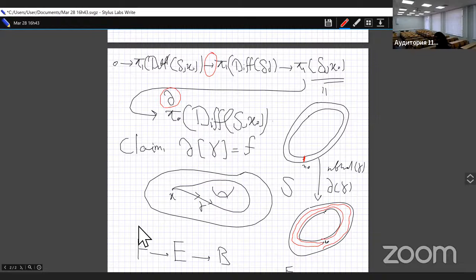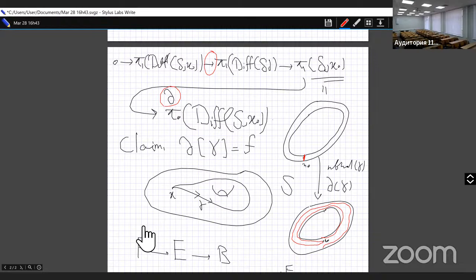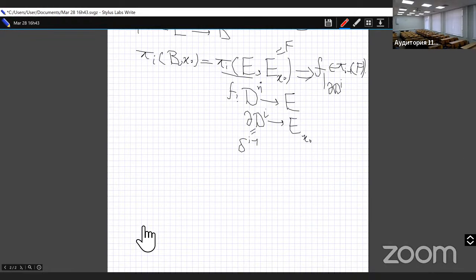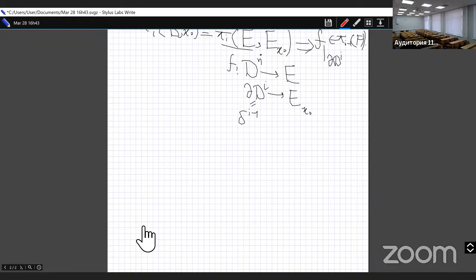So how to prove that the map is injective? To see that the map is injective, we can just use this. Consider this diagram.